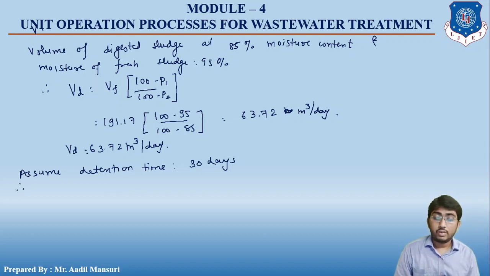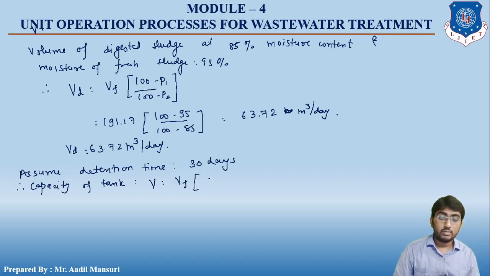So therefore the capacity of the tank, V, will be equal to Vf minus 2/3 (Vf minus Vd) into T, right? So this was the equation.